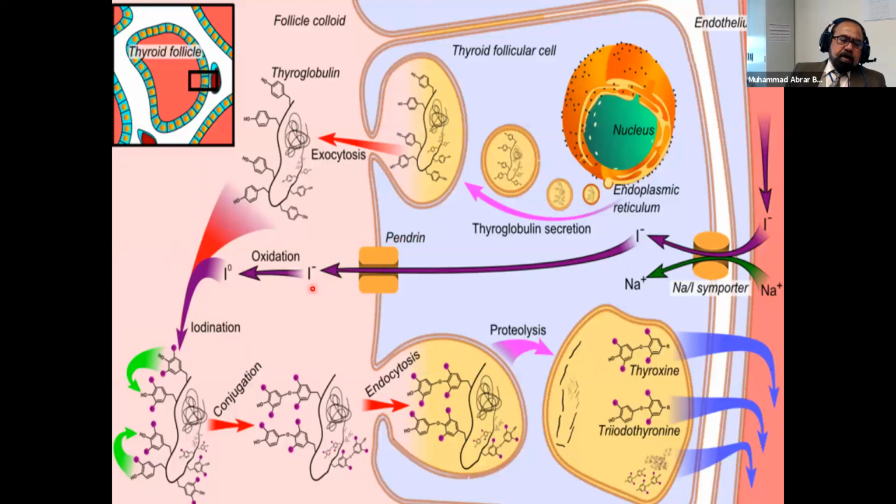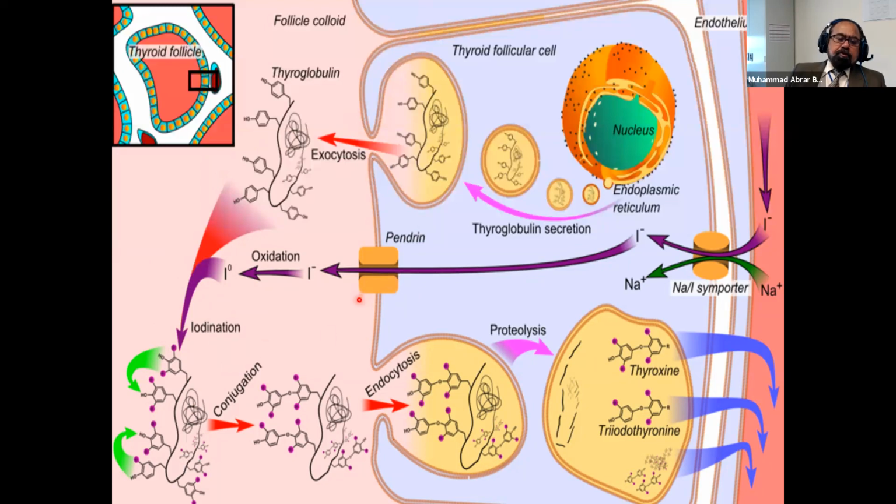Now this iodine goes and attaches with this thyroglobulin, which are tyrosine. So one molecule. Now, one more important thing is that this iodide form is converted into iodine by the peroxidase enzyme, which is present inside.